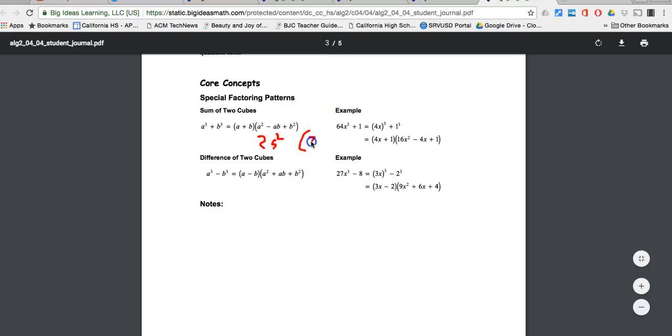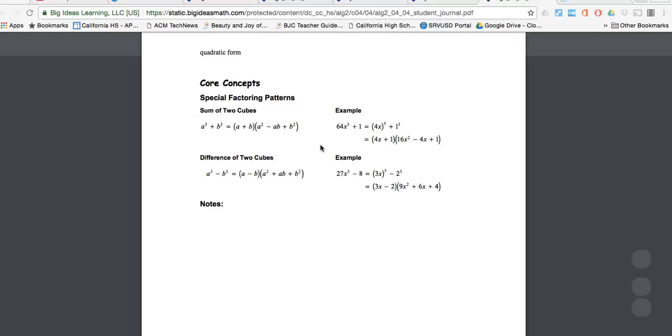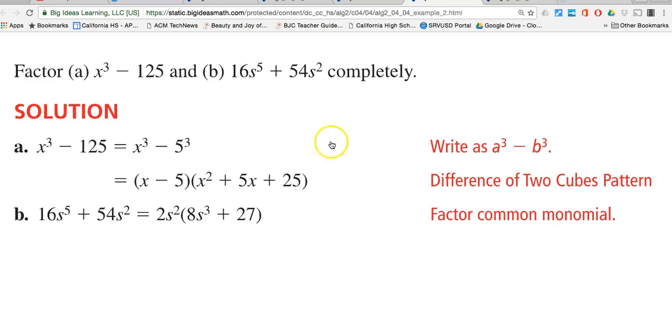We're actually taking our whole A value, which is 2s, and squaring that for this first part of our second polynomial. So for this first term here, A squared, we do not write it as 2s squared. It is the quantity of 2s to the second power, which is going to give us 4s squared.